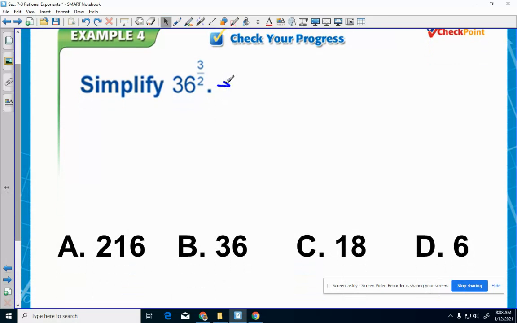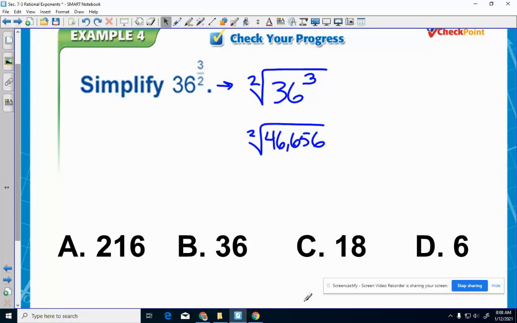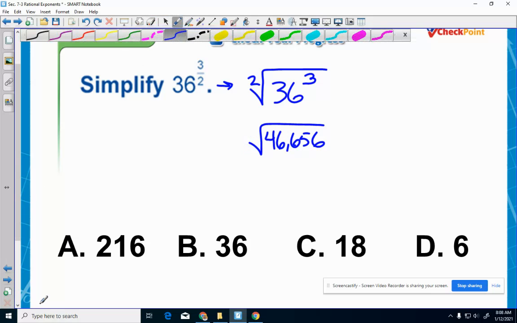Okay. If I'm going to rewrite this, it is a square root, because the denominator is a 2, of 36 to the third power. Remember, you're going to need a calculator here for today's lesson. So a square root of 46,656. Remember, because it's a square root, I don't have to have that root written there.